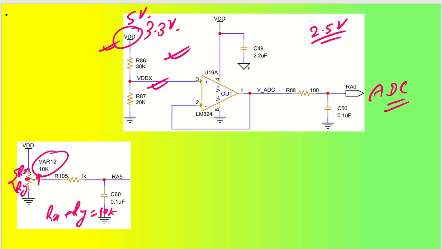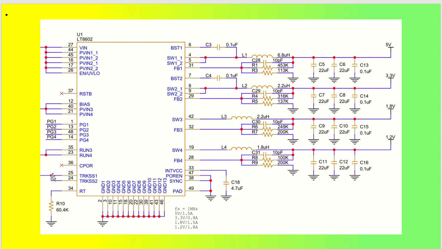You would have seen many FPGA circuits and other places where you need to design the output voltage regulation as well. Let us say we have to have a 5 volt regulator, 3.3 volt, 1.8 volt, 1.2 volt, right? So you need to design the output feedback resistors.